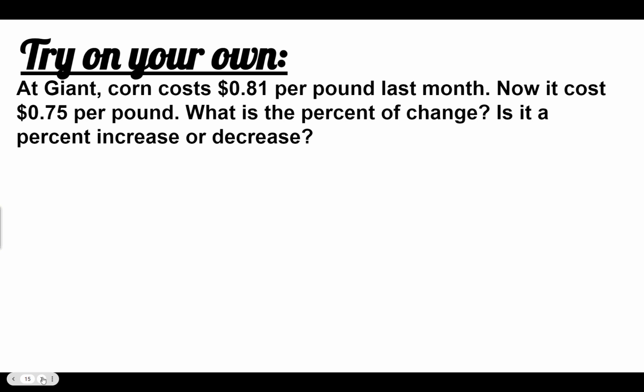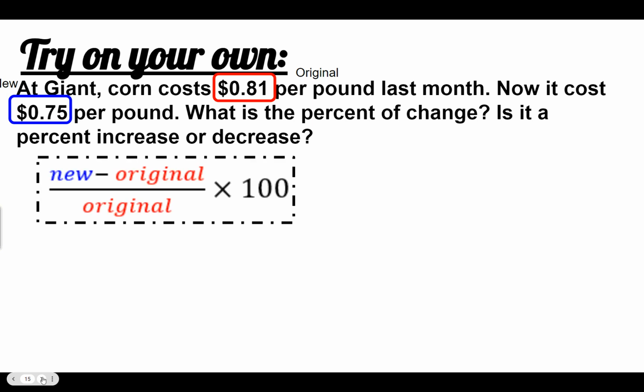So, like we said, our old amount, or our original amount, was 81 cents because last month happened first. Now it costs 75 cents, so this is the new amount. We're going to write down our formula, new minus original over original times 100.